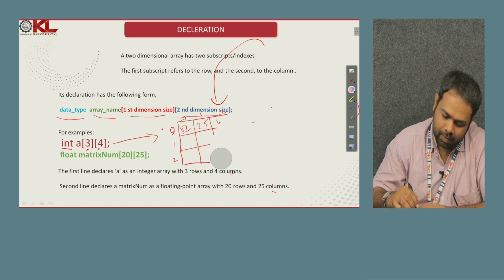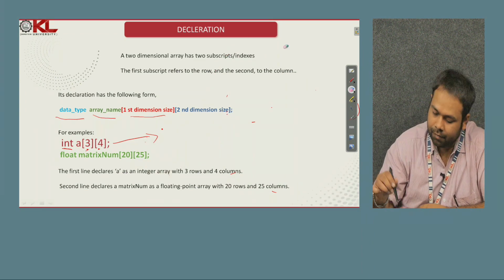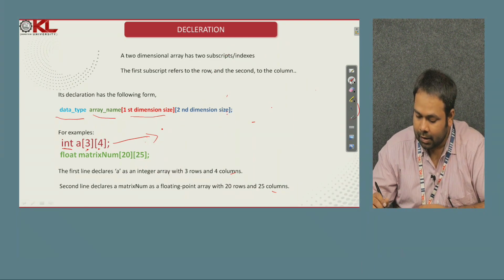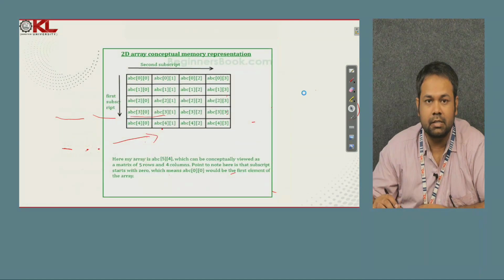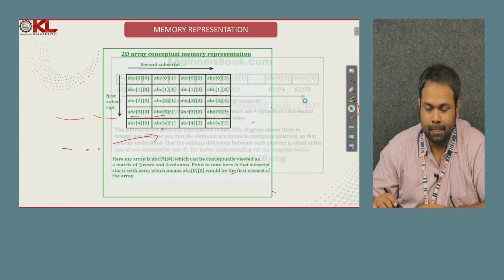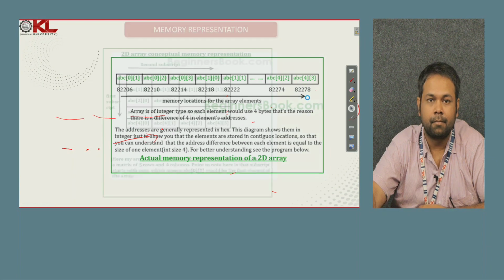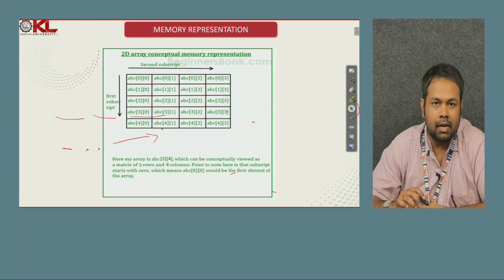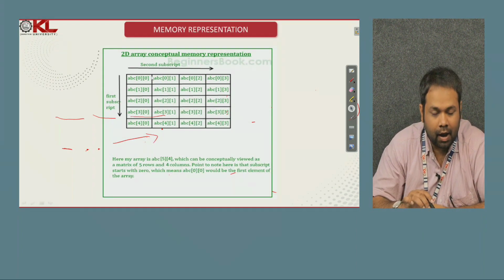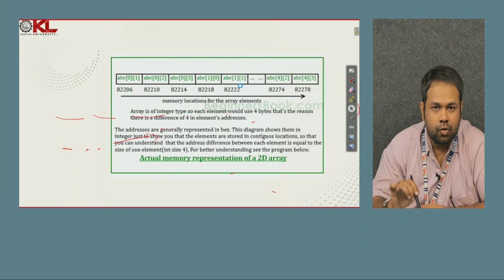Here I will be proceeding further with the two-dimensional array. You can see in the further slide the concept I have just explained with the diagram. It is the table, the entire table shown.